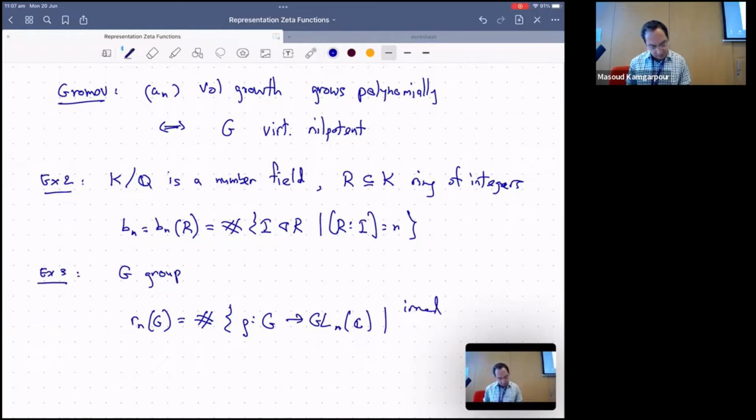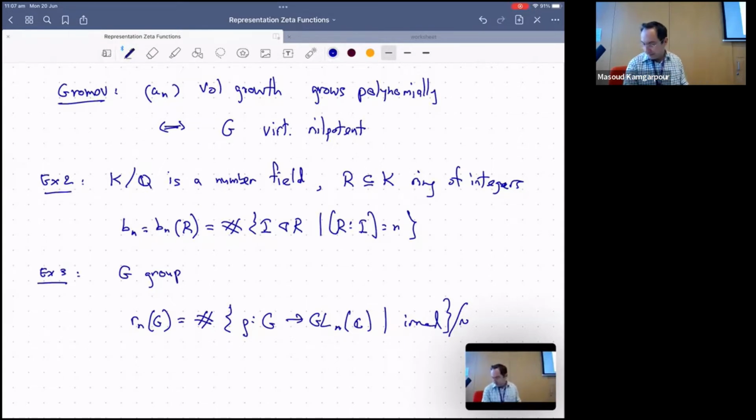And we cannot count anything in mathematics as objects, right? We can only count things up to isomorphism. So we are going to count isomorphism classes of representations. So these are the numbers. This is the sequence that we'll be focusing on most of the time. But I will get to that soon.